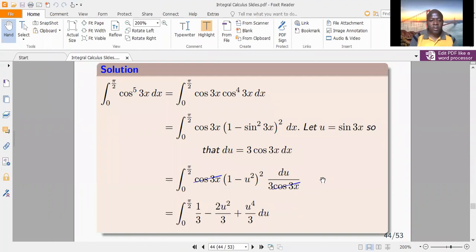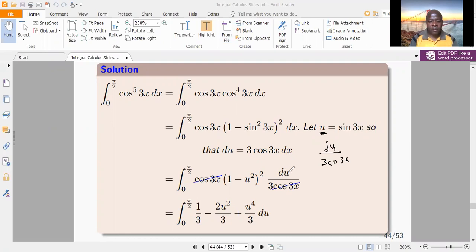So let's just substitute. Where there is sine 3x, you write u. And where there is dx, you write du out of 3 cos 3x. So that's what you see here. That cos 3x is still there, but this is 1 minus u squared, everything squared.